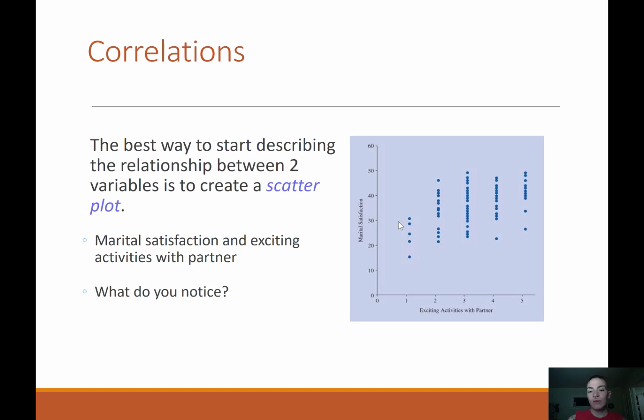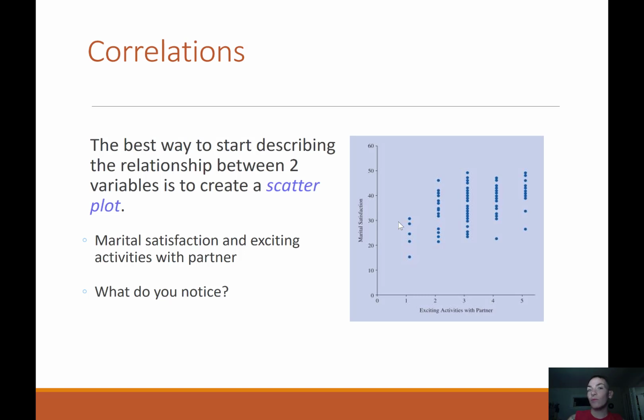And you can see we have the number of exciting activities down on the x-axis of this scatter plot on the screen, and then we have marital satisfaction on the y-axis or the vertical axis. And just looking at this, I want you to think about what you notice.